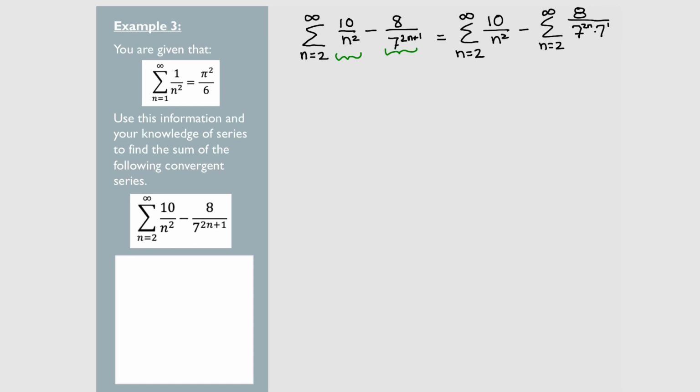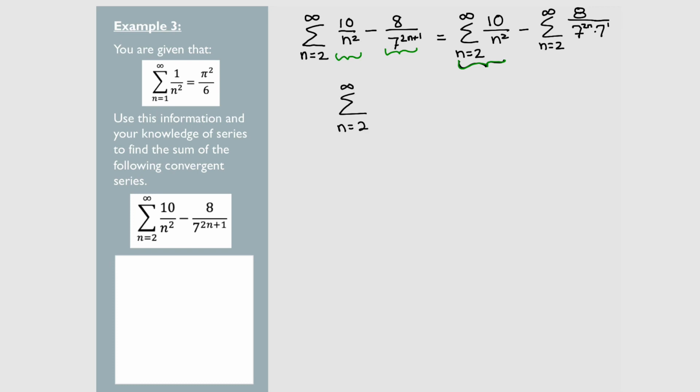In an integral, you know how we pull out constants that are factors. Well, I can also pull out a constant factor from this first series that I'm looking at right here, and I can do that by thinking of this as 10 times 1 over n squared. So I could rewrite that initial series here, n equals 2 to infinity.